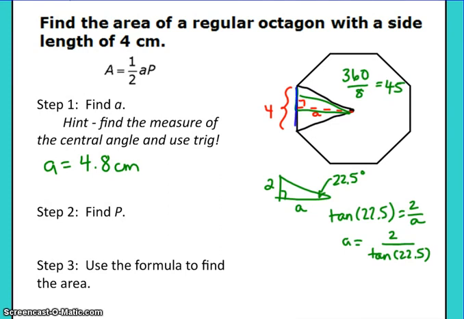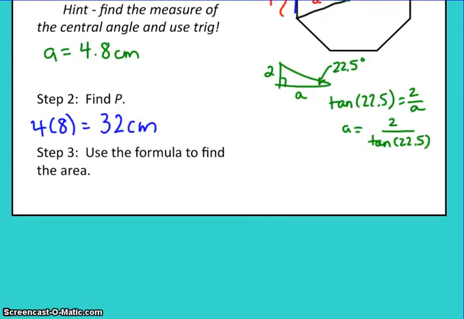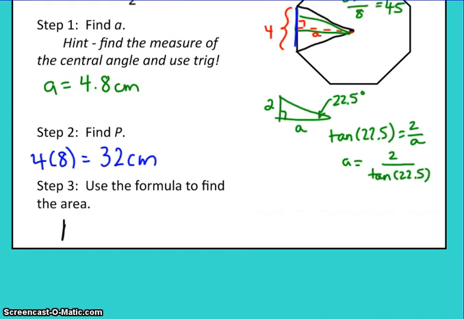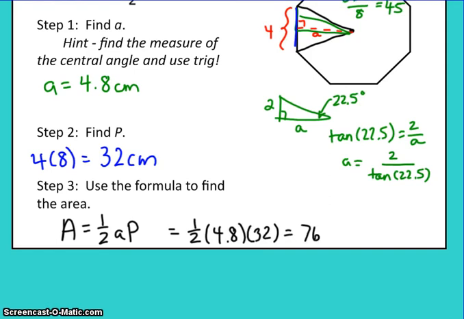It's a side length of 4, so I just multiply it by 8 sides. 4 times 8 is 32 centimeters. And then I would plug it into the formula. Area of a polygon equals 1/2 the apothem times the perimeter. So 1/2 times 4.8 times 32 gives me 76.8 centimeters squared.